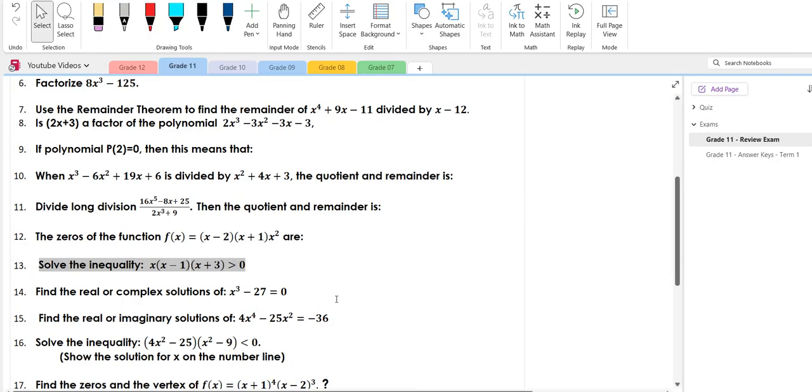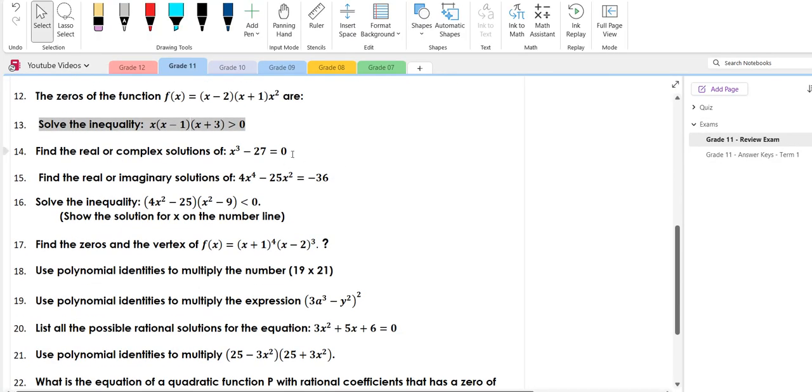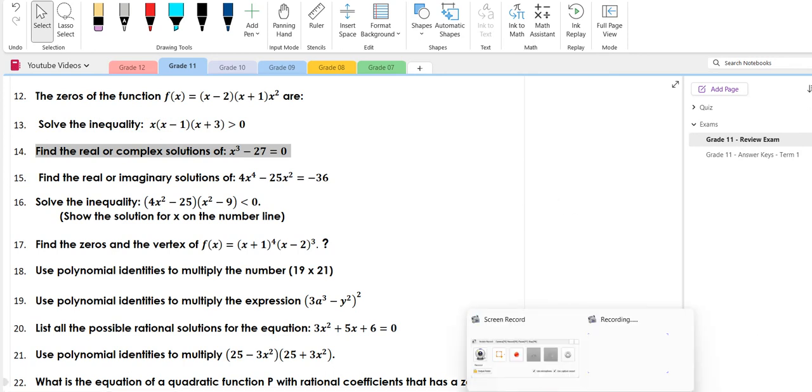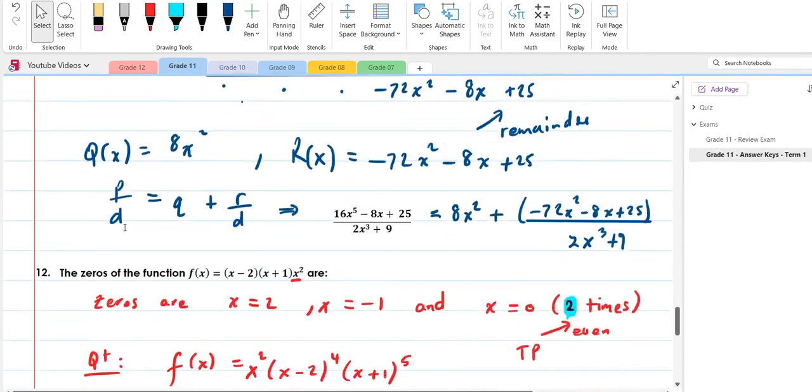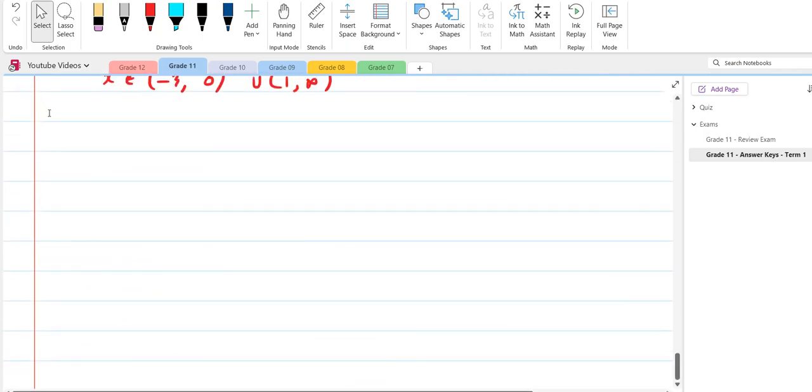Next one, question number 14. Let's solve question number 14.